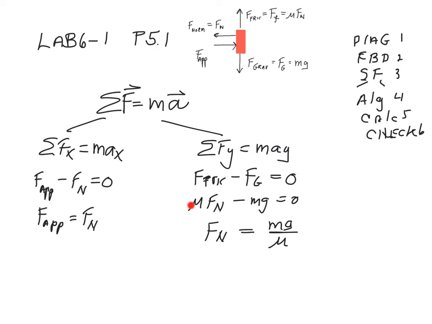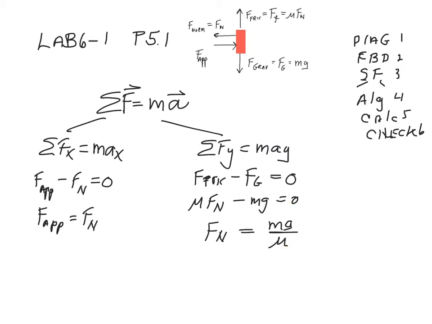And so the friction force is mu times Fn. The gravity force is mg. And when I solve it, I get that the normal force is equal to mg over mu. And since the applied force is equal to the normal force, this is the general solution of the applied force.